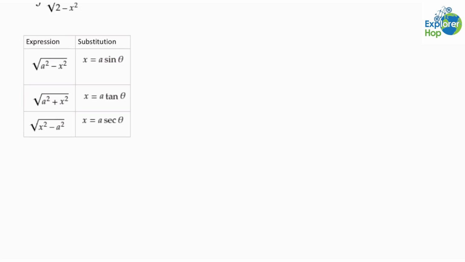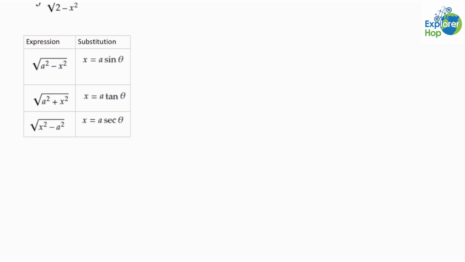If you see the expression square root of a squared plus x squared, then the substitution that you should make is x equals a tan of theta. And if you see the expression square root of x squared minus a squared, then the substitution you should make is x equals a secant theta.